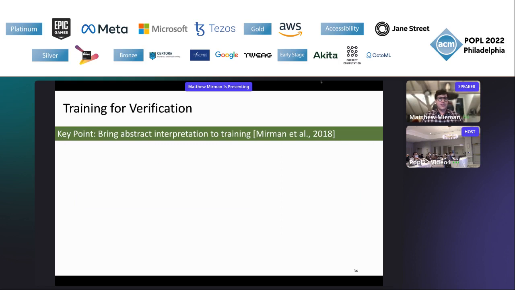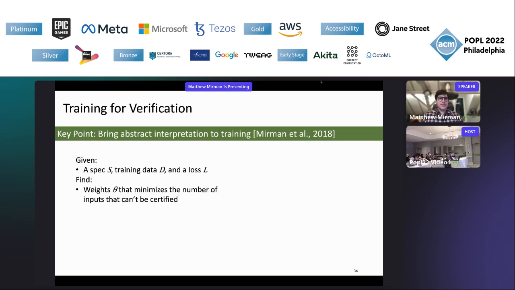So the key idea with training for verification is that we want to be able to use abstract interpretation inside of the training loop. So given a spec S, some training data D, and a loss L, we want to find weights for a network that minimize the number of inputs that can't be certified. Now, this sounds very similar to the standard training goal, where we don't care about certification, because there we're given a spec, training data and a loss, and we want to find weights that minimize the number of inputs that are incorrect with our very simple input and output spec.